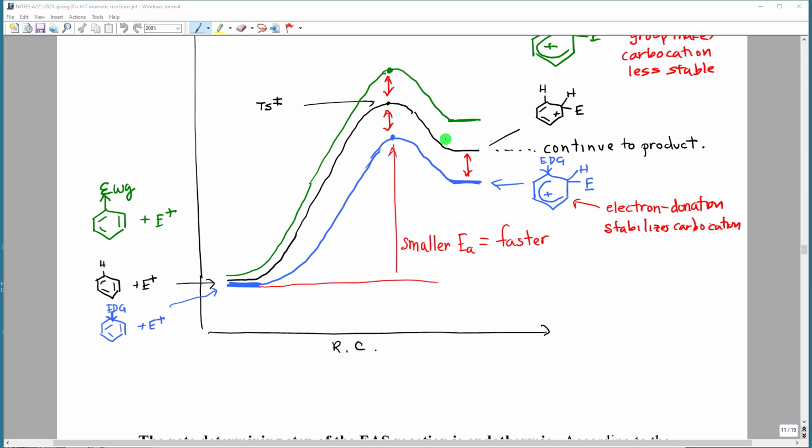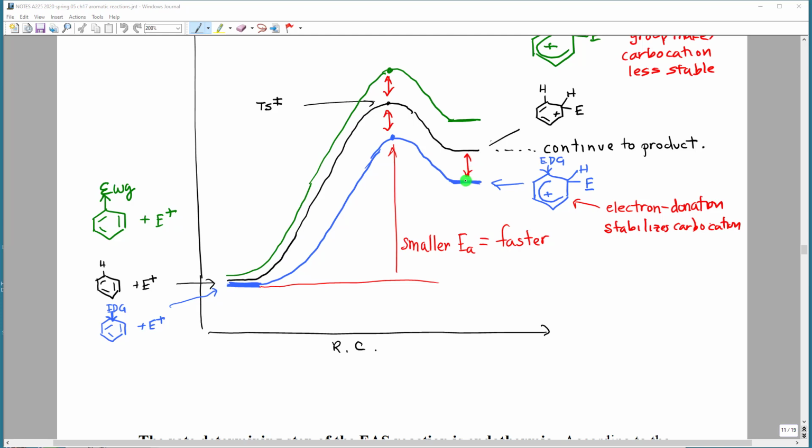The significance then is that if we compare these two products, the product from the black reaction energy profile, which is just benzene, and the product from the blue one, where we had a donating group attached, we can see that the blue energy profile has a product that is lower in energy than the black energy profile.